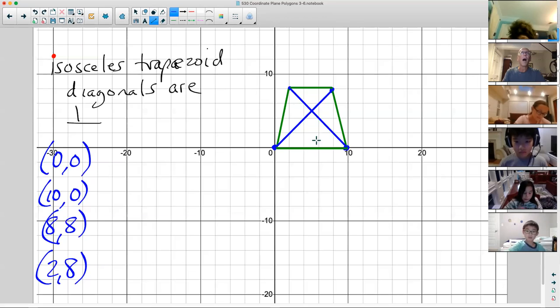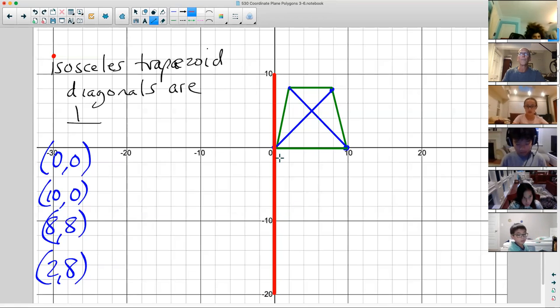Now, I have a process for you that I want to show you. Are you guys ready? Everybody look up at my screen. I am going to draw perpendicular diagonals. I drew them on the y-axis from 10 to negative 20 and on the x-axis from 10 to negative 20.